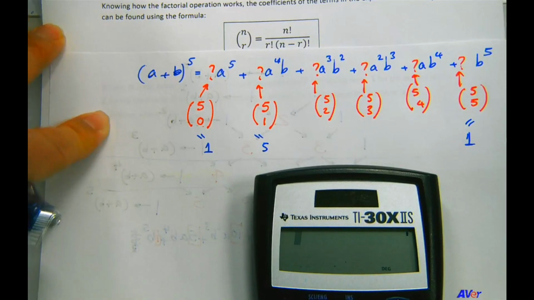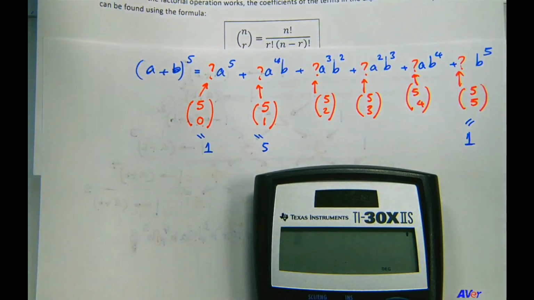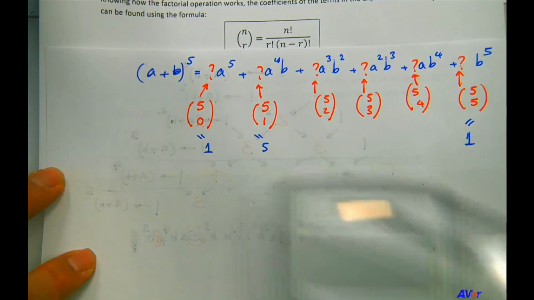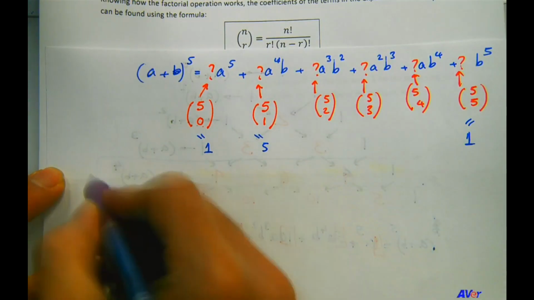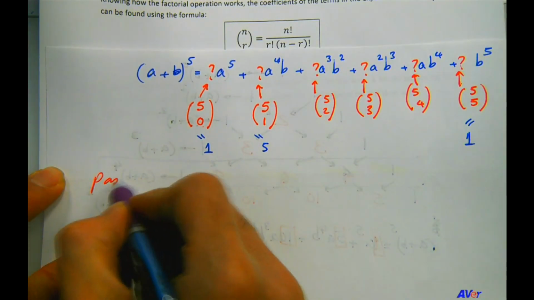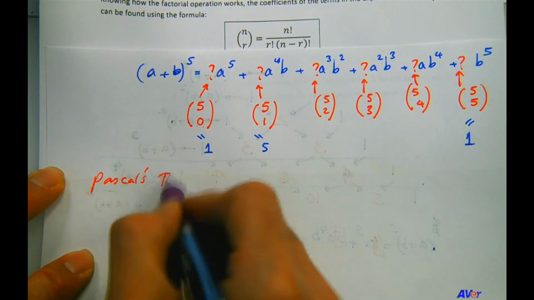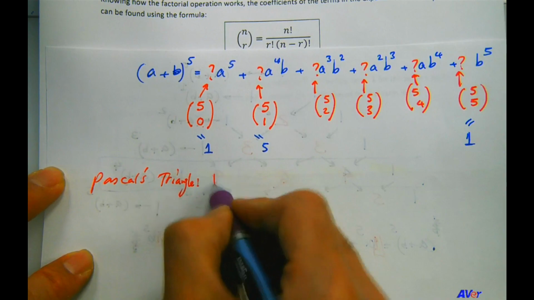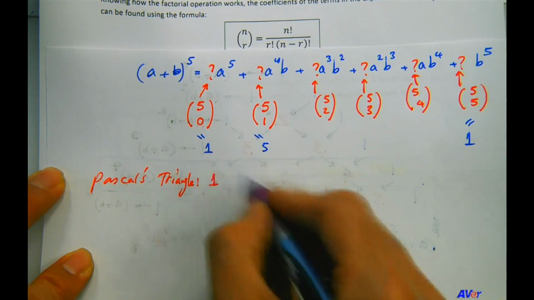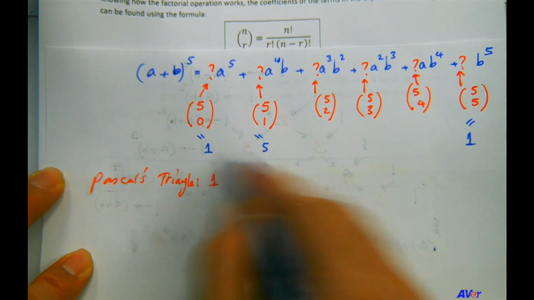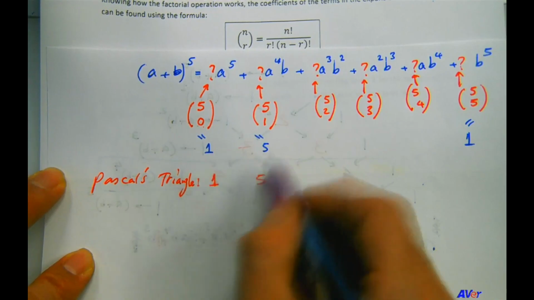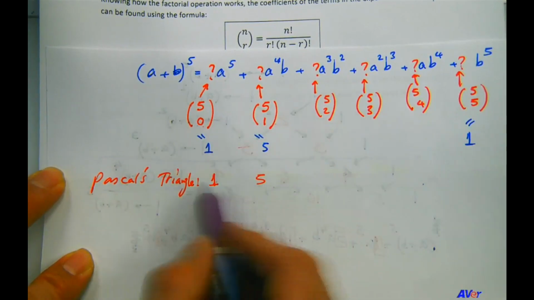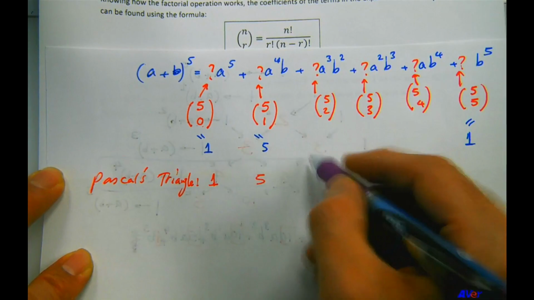Well, let me write down the coefficients we got from the Pascal's triangle. Here are the Pascal's triangle numbers. We got 1, we got 5. So far so good, right? They match. The binomial calculation and the Pascal's triangle coefficients match.